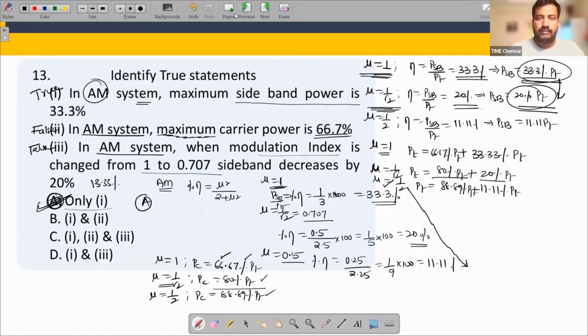Why is this wrong? Anyone? Can anyone tell me why that question is wrong? Bhumika?